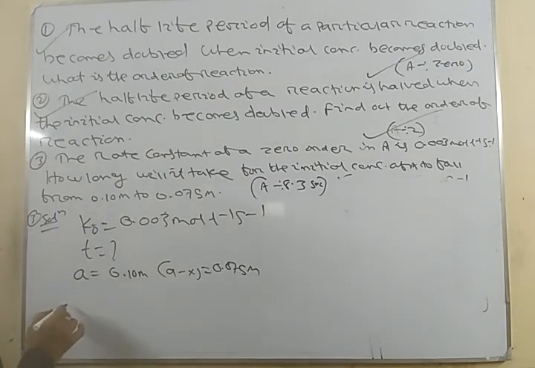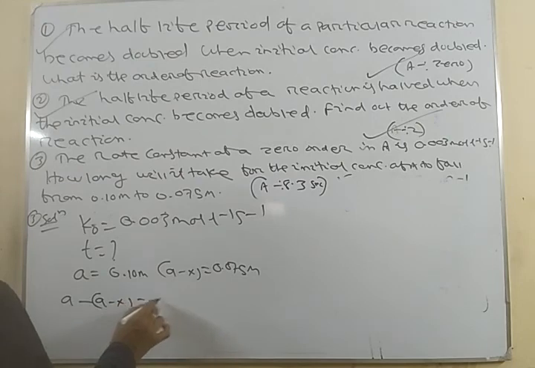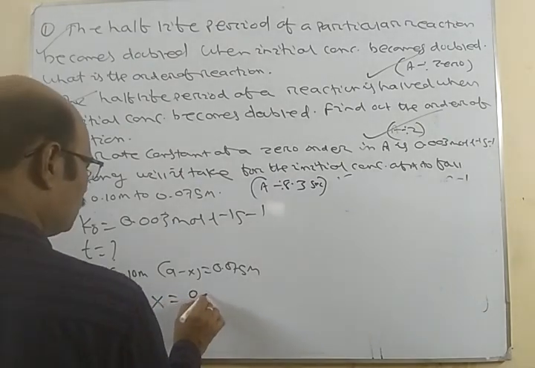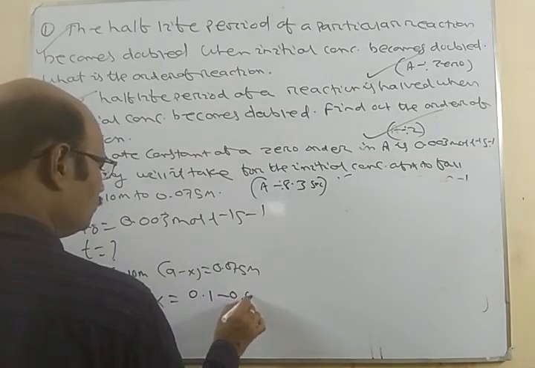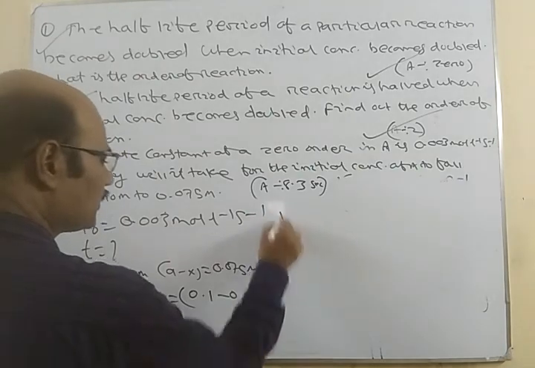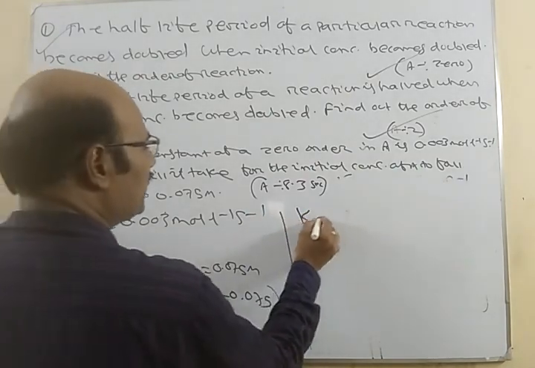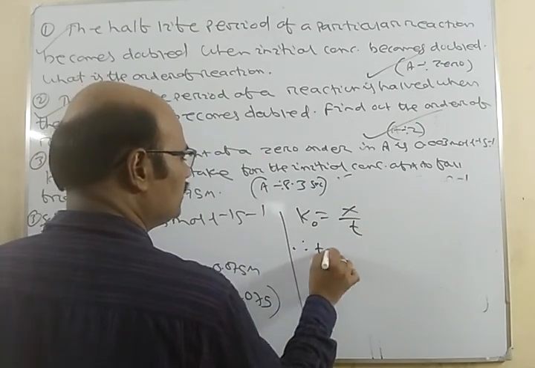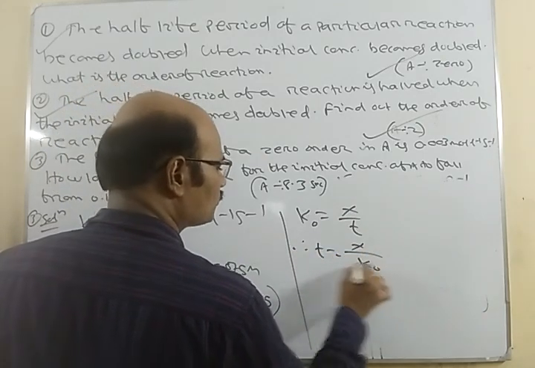Now a minus x equal to 0.075, so x is equal to 0.1 minus 0.075. Now we have k equal to x by t. Therefore t equal to x by k0.